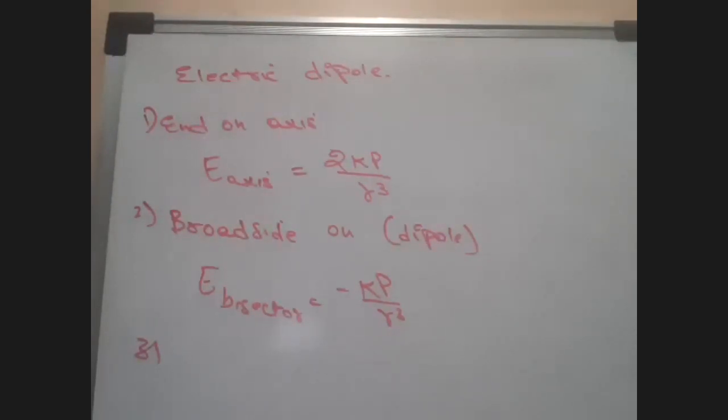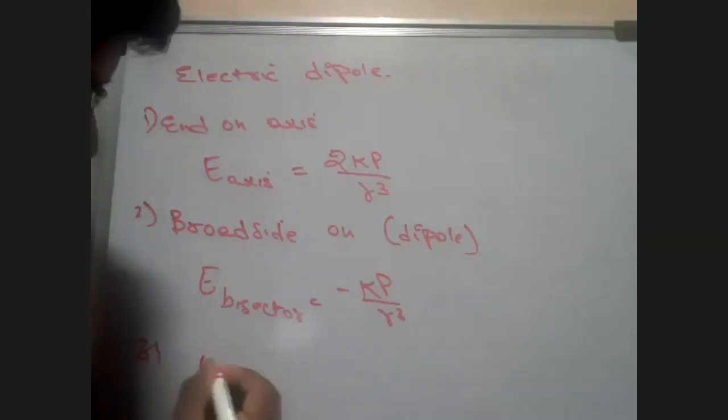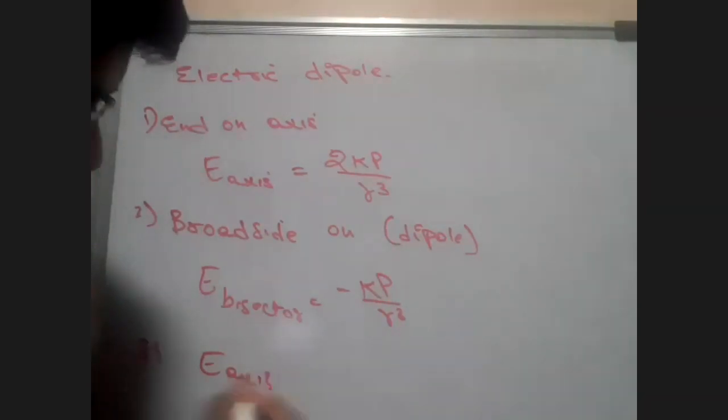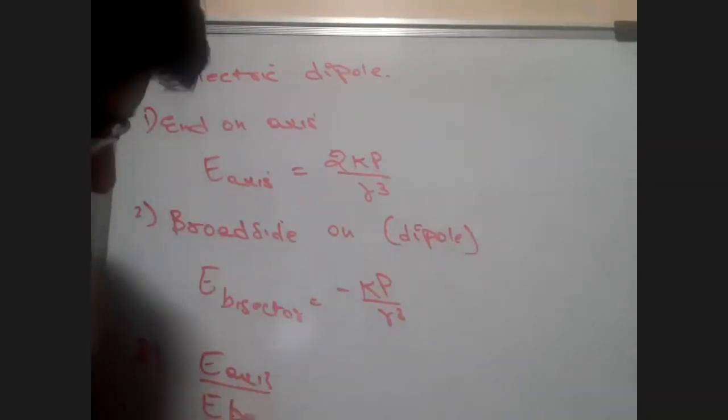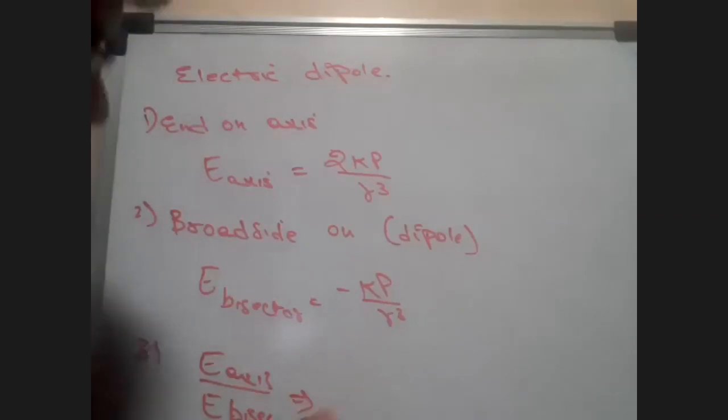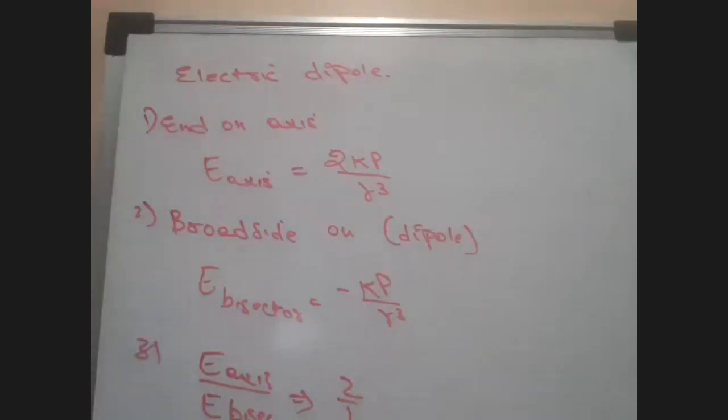E axis upon E bisector was 2:1. So E axis is 2 times E bisector. Can I say that? Yes, sir.